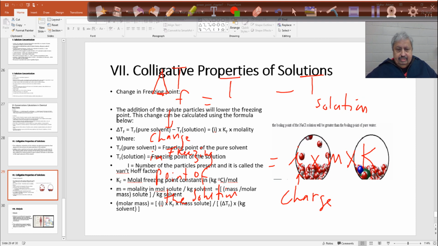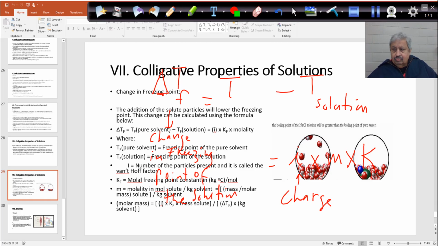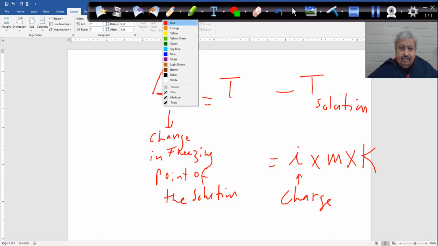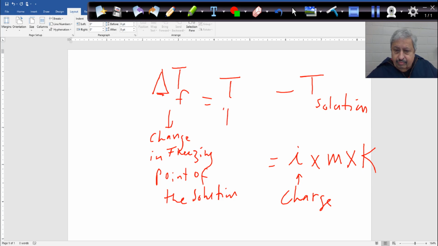This is the formula there. So this is not just the solvent, but it has to be said the pure solvent. Yeah, so there's nothing inside. Pure solvent, not only the solvent, but pure solvent.